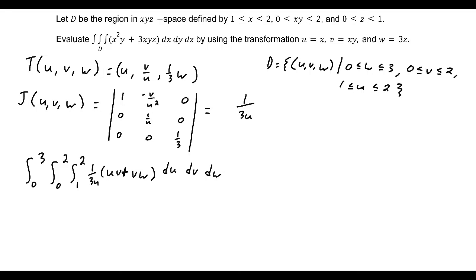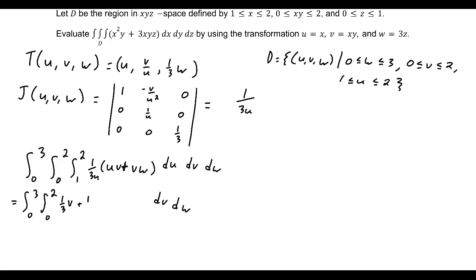All right, we'll take our innermost integral. This will become the integral from 0 to 3 with respect to w, of the integral from 0 to 2 with respect to v, of the function 1/3 times v plus 1/3 times vw times natural log of u.